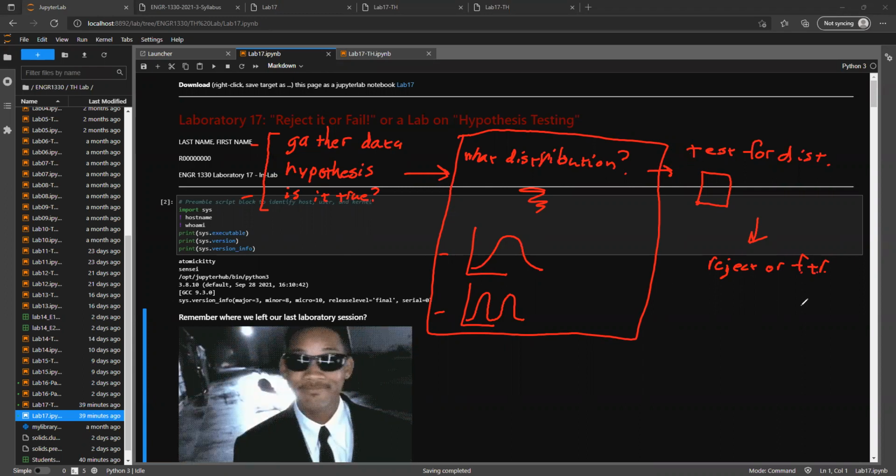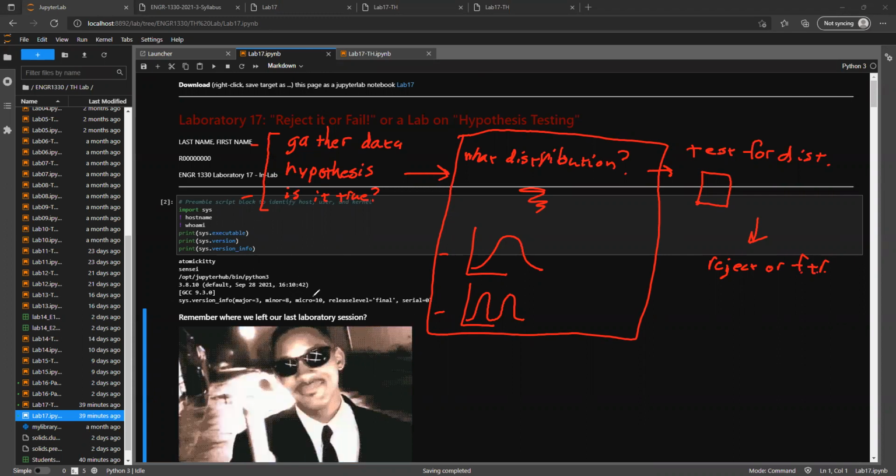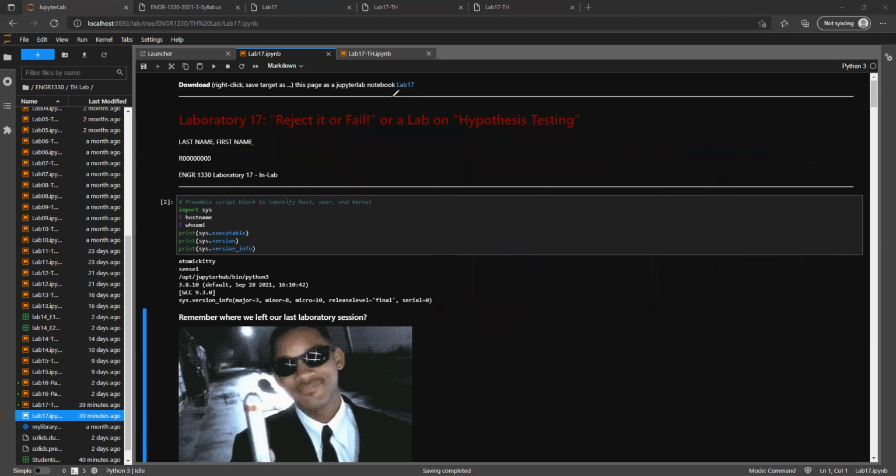And why do we care about doing all this? It's because when you say, hey, I gathered some data and I answered a question about it and it turns out it's not true, well, someone's going to come to you and say, well, I need to see your work because I don't believe you. And this is the method that we use so that you can say, well, I put in the work and what I say is correct.